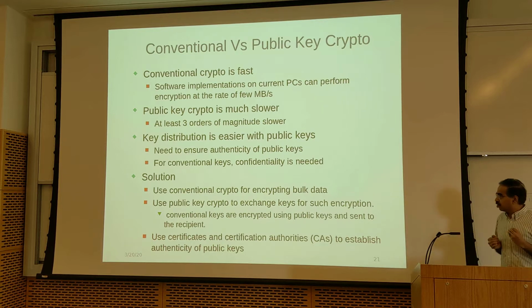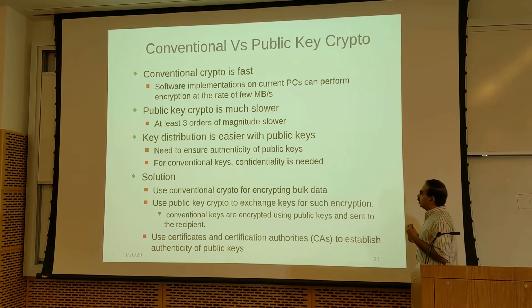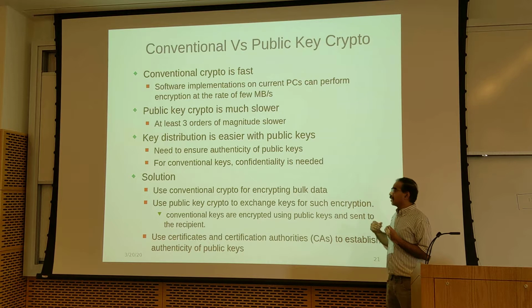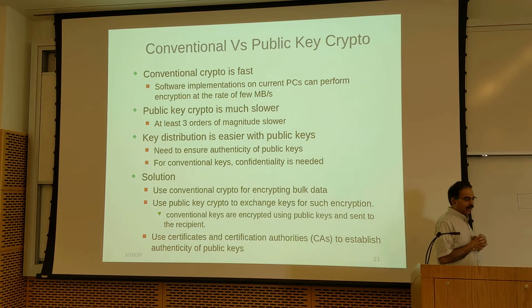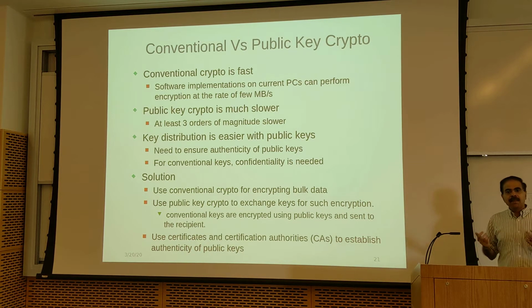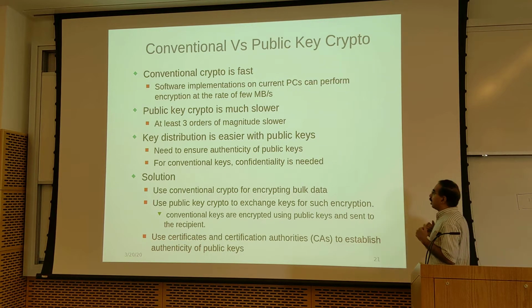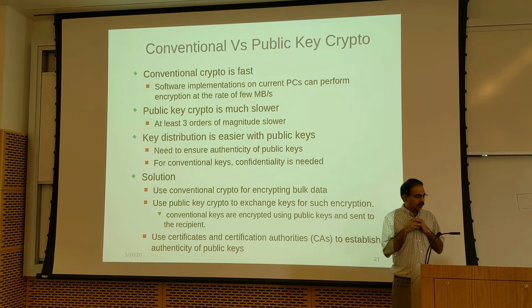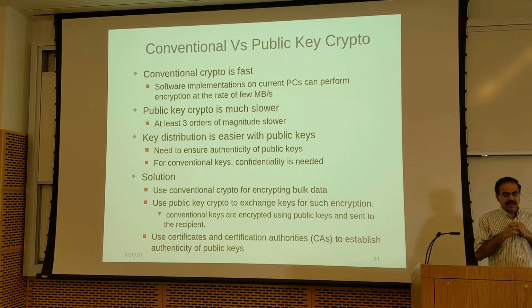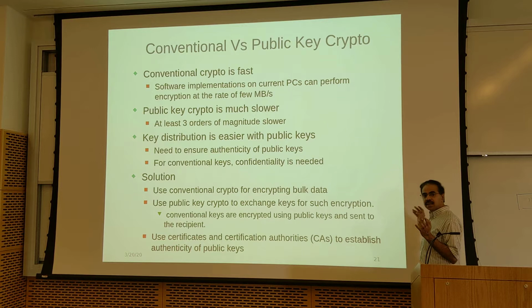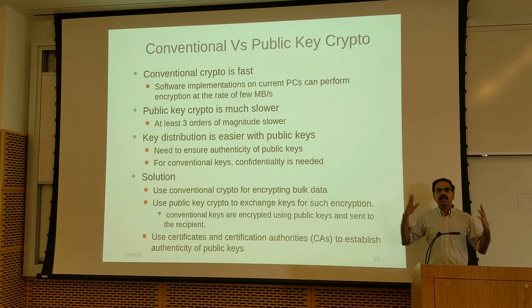So the main advantage of public key cryptography is that key distribution is quite easy, because the public key can be, in a sense, publicly announced, and the private key is only known to that private person, which means that each person or each principal needs exactly one key pair in order to communicate with anybody. So this is very convenient. I don't have to worry about a large number of keys.